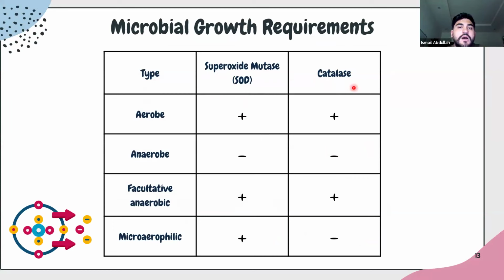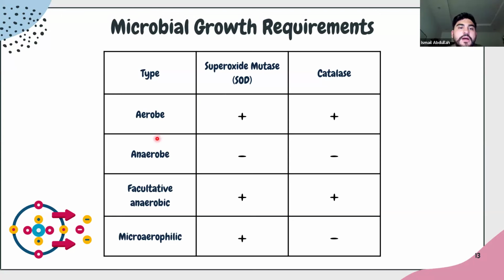Now, these enzymes are crucial, of course, because oxygen reacts with cells, okay, and this is gonna cause ROS, reactive oxygen species. And this is going to increase the oxidative stress that might actually result in cell death. Okay. So when we have these enzymes that are going to tackle down the ROS species, so they're going to tackle down the oxidative stress. Okay. That's why they're able to grow in oxygen.